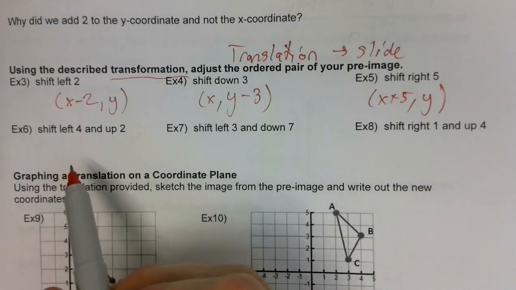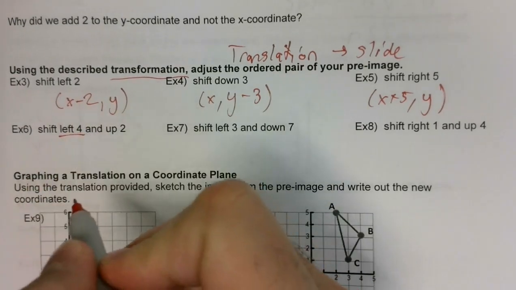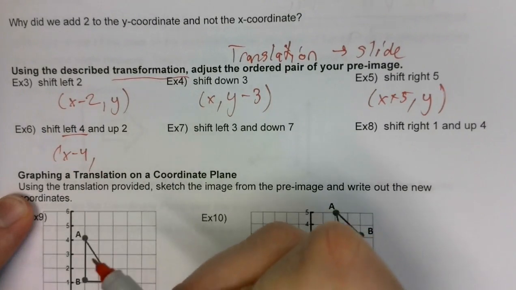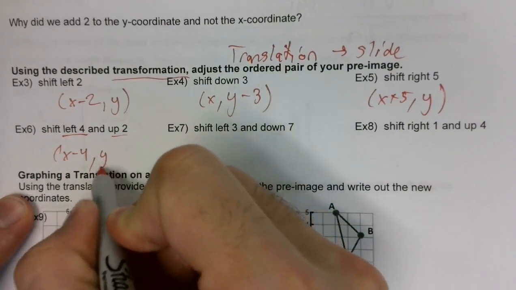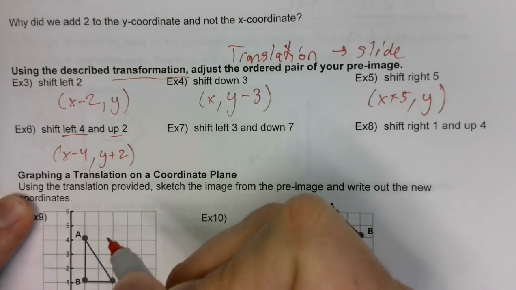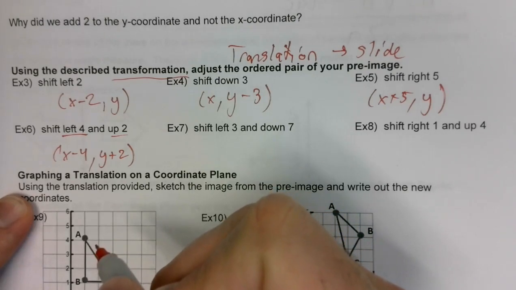Now in examples 6, 7, and 8, you're actually changing both the x and the y. So left 4 would mean I subtract 4 from the x. Up 2 means I add 2 to the y. Again, left and right is for your x. Up and down is for your y. Left is negative, right is positive.